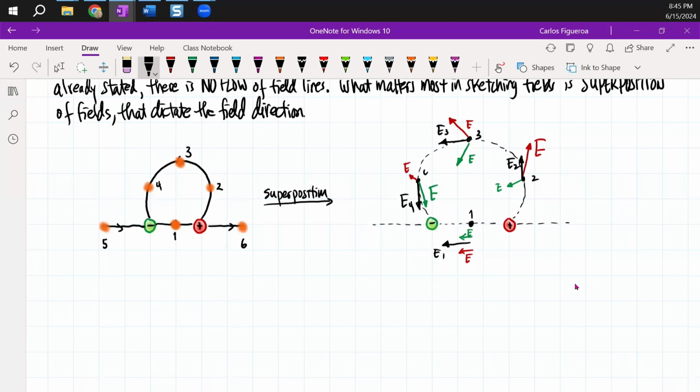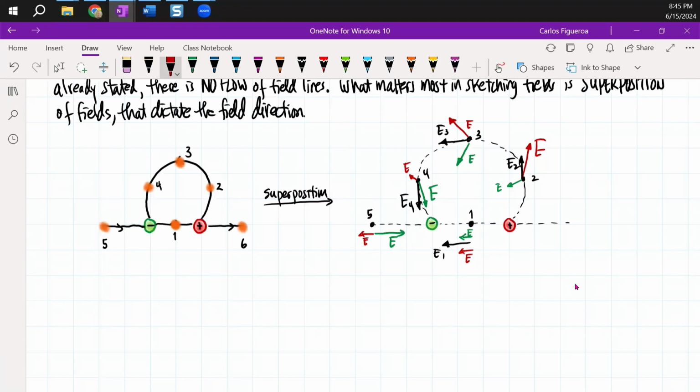As a consequence, I'm going to have a field that goes something like this, and that's going to be the point of 4. Once again, if I look at point 5 here, I see two fields. It's closer to the green, so the green should be larger. It's farther away from the red, so the red should be smaller.